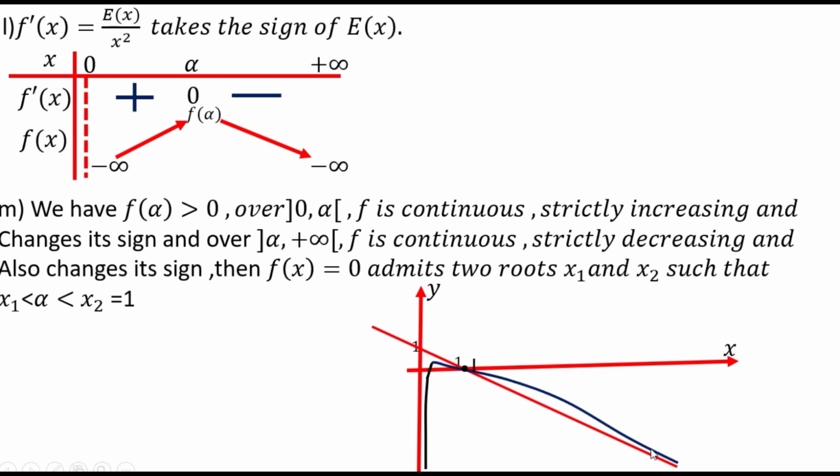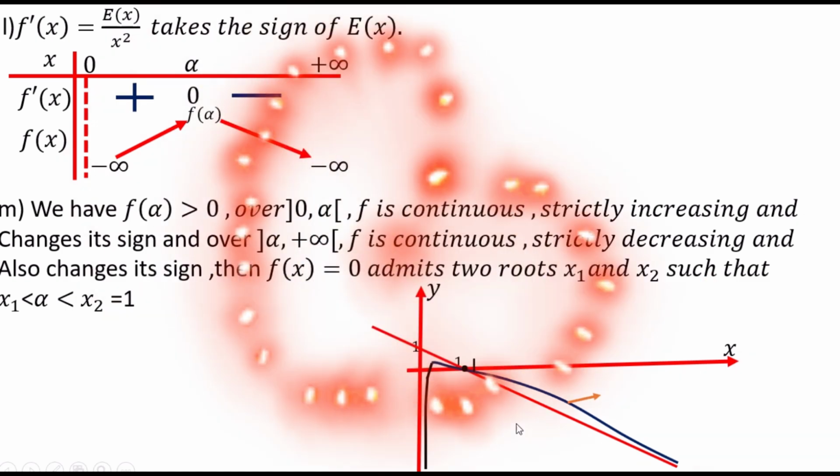So this straight line is an oblique asymptote and tangent to the curve at the same time at the inflection point. Here we have another inflection point, here or here. This is an inflection point.